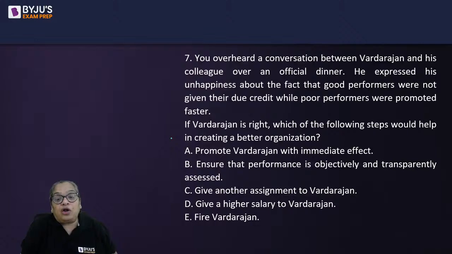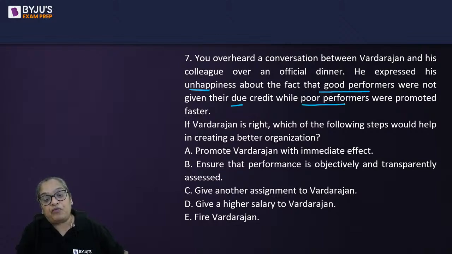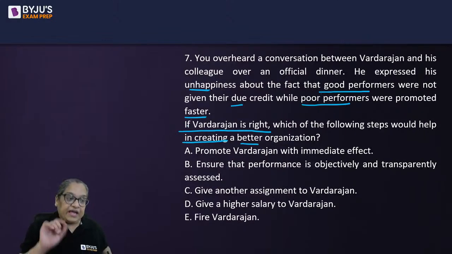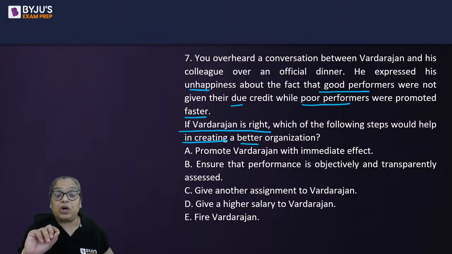You overheard a conversation between Vardarajan and his colleague over an official dinner. He expressed his unhappiness about the fact that good performers were not given their due while poor performers were promoted faster. If he is right, what step should you take now? Assuming he is right, what are the steps you should take?